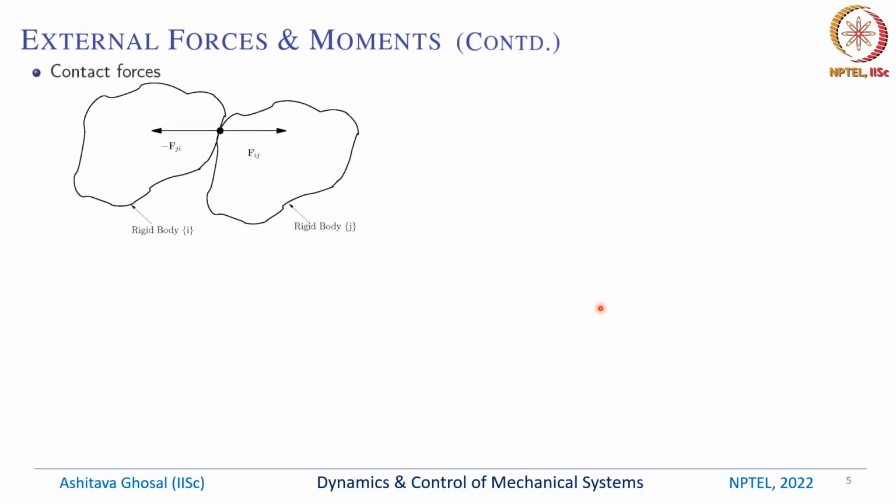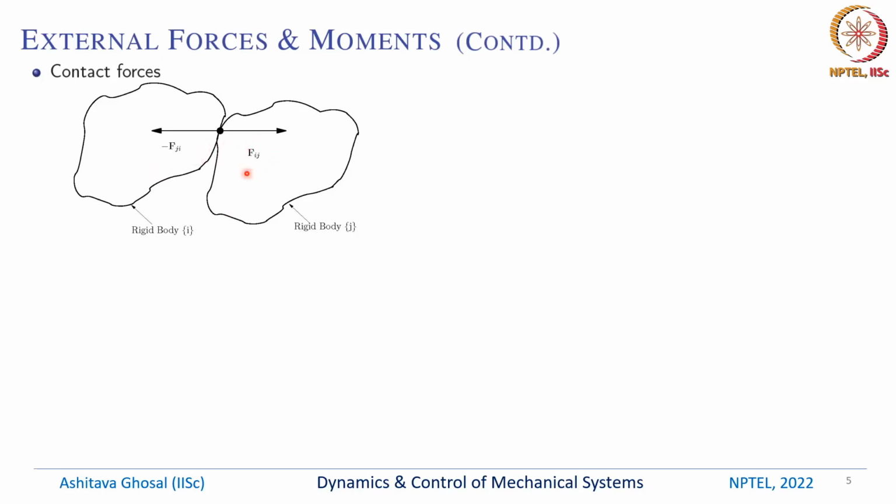Let's now go forward and look at some of the common forces seen in mechanical systems. The first, most common force is called a contact force. If you have a rigid body I in contact with another rigid body J, at the point of contact there will be two forces acting.